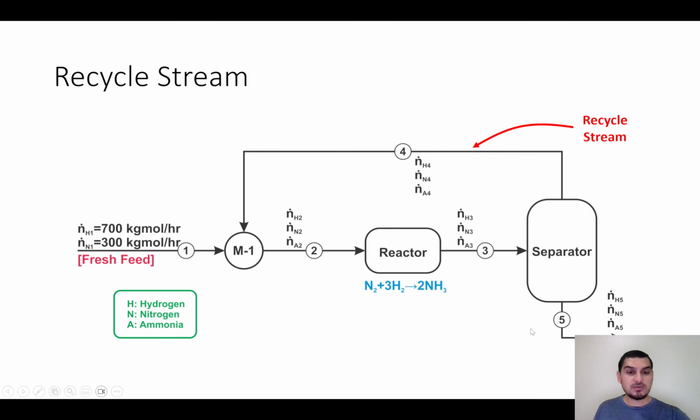So the conversion that was only 33% in the reactor increased a lot by recycling the unreacted components into the reactor, and the overall conversion, or the efficiency of the whole process, increased to more than 90%, which is a very, very big improvement in the performance of the process.